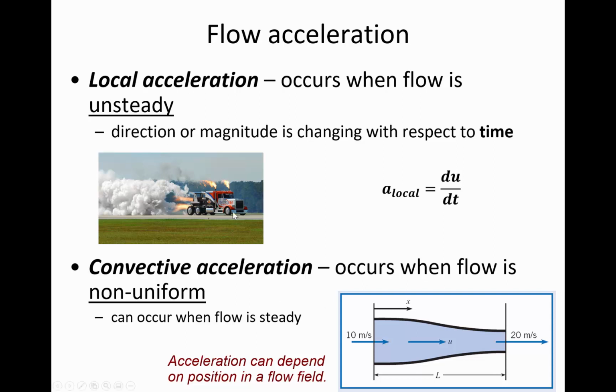These are two different types of acceleration, local and convective, that have two different effects on the fluid. We're going to use one equation for predicting what happens to the fluid pressure when it experiences a local acceleration, and a different equation when you have convective acceleration.